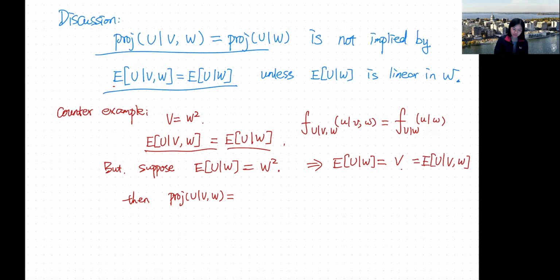So in fact, E[U|V,W] is linear in V and W, where W receives 0 weight. So the projection of this equals V, equals the conditional expectation.